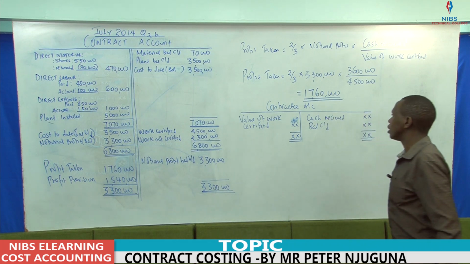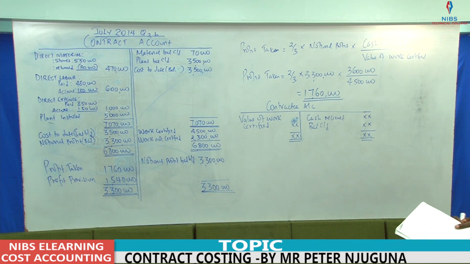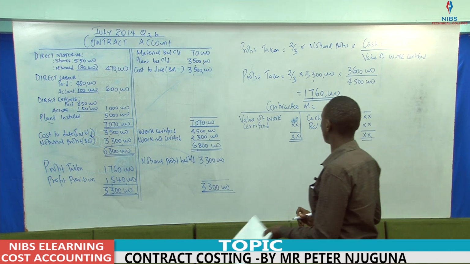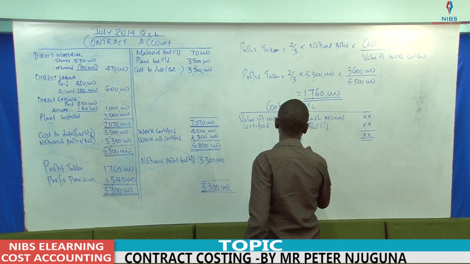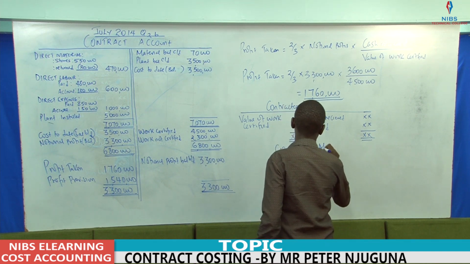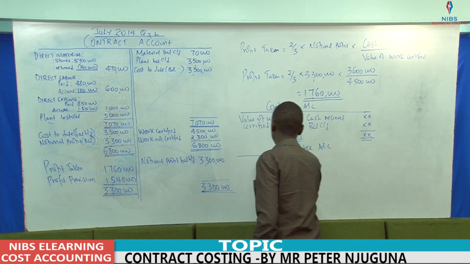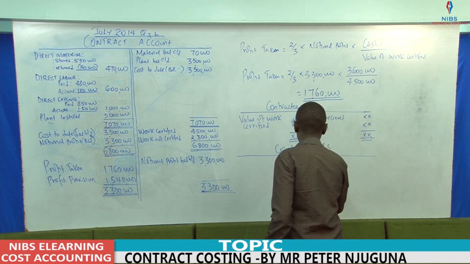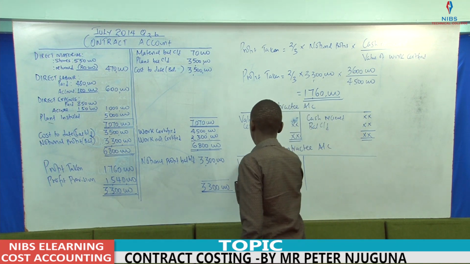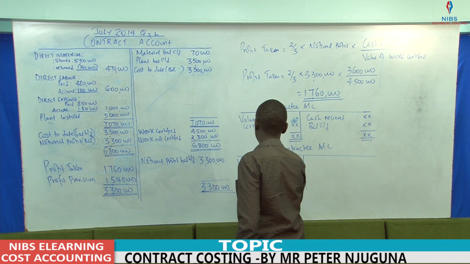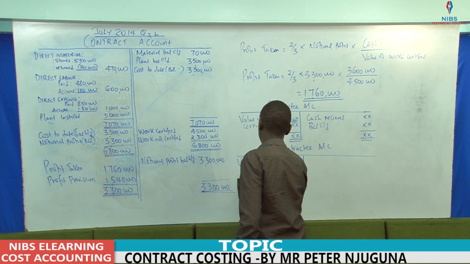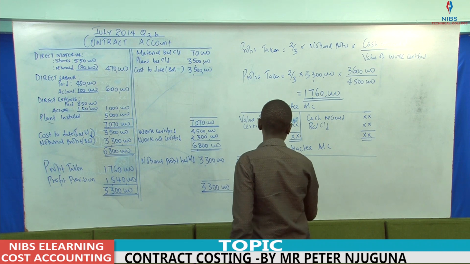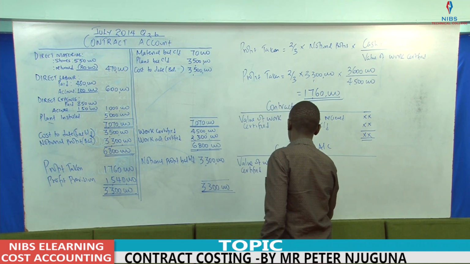Repeating, there's no harm when we repeat, isn't it? So anyway, let us now prepare the contractee account as per the question. The value of work certified, how much was it? I think it was 4.5 million if I'm not wrong.